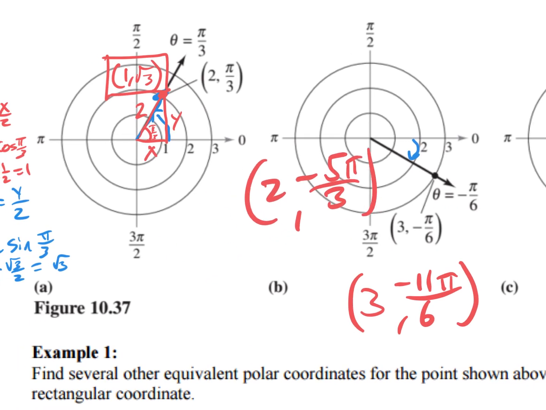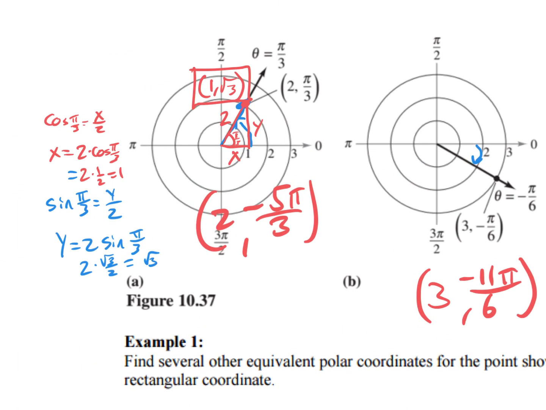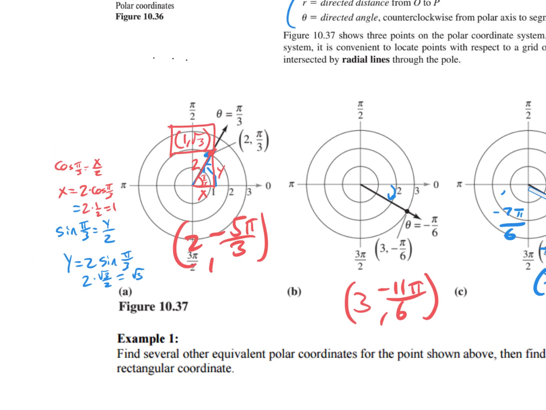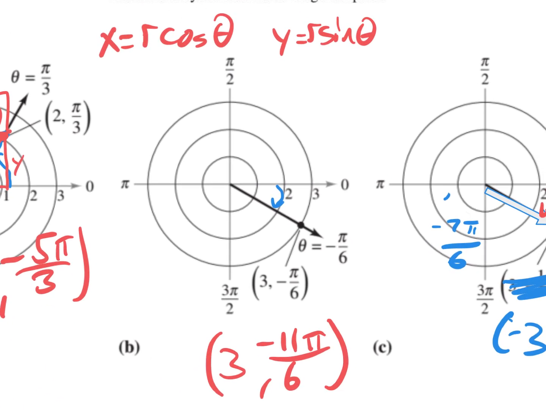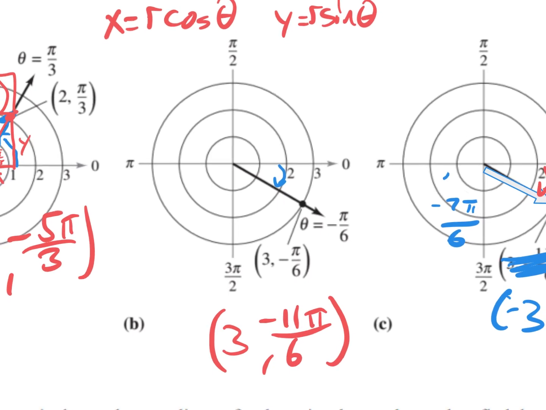Notice that x is the radius times the cosine of the angle, and y is the r times the sine of theta. Those will be our formulas, and that will get us all of our rectangular coordinates.